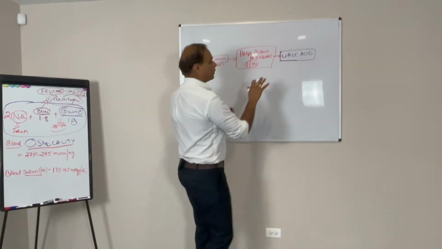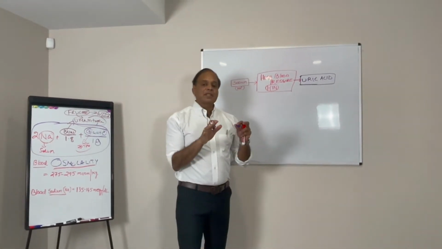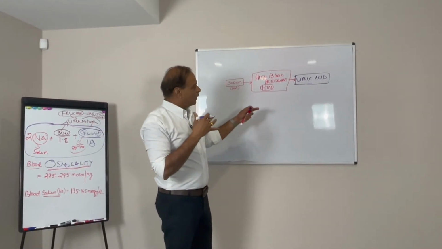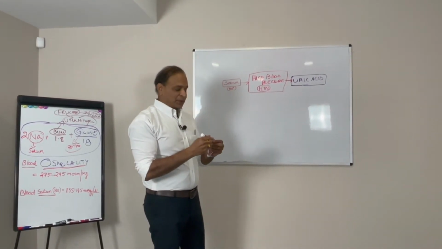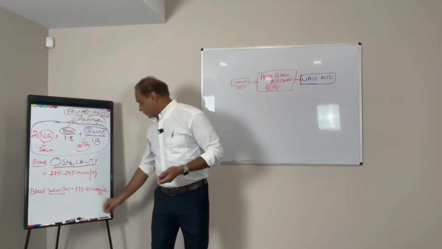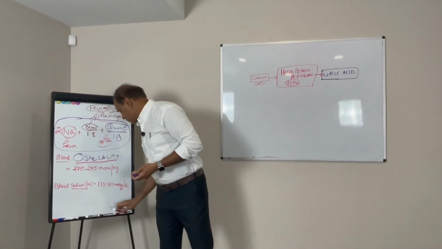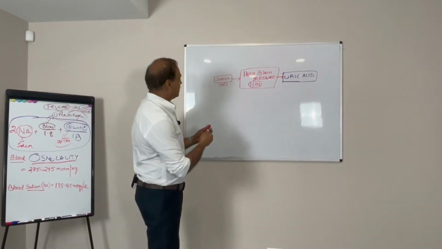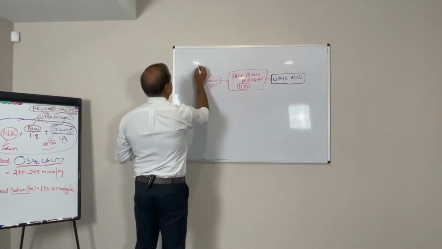Now we are going to bring in some practical concepts to make sure you understand how this is all linked. We are going to link the sugar and salt. Most of you know that sodium is salt.